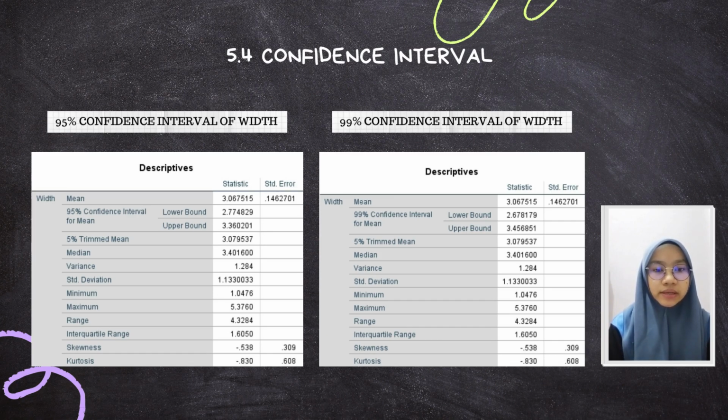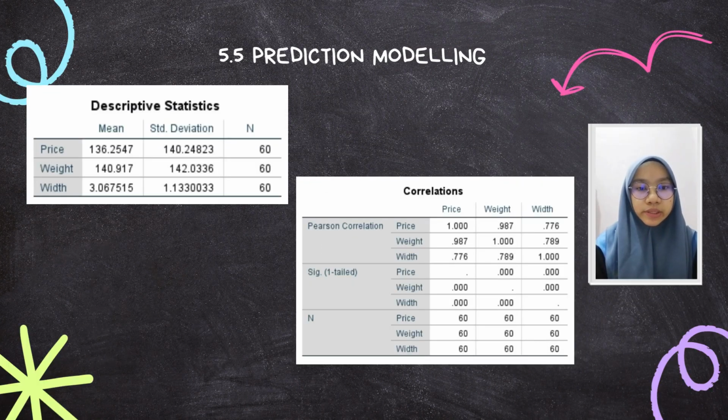The lower and upper boundaries are 2.678179 and 3.456851. The standard error is 0.1462701. So it can be said that we are 99% confident that the population parameter is between 2.678179 and 3.456851.